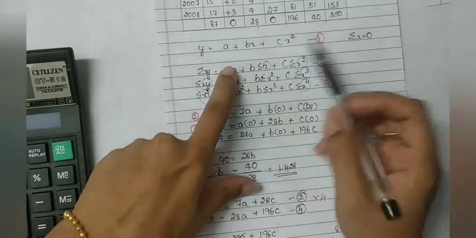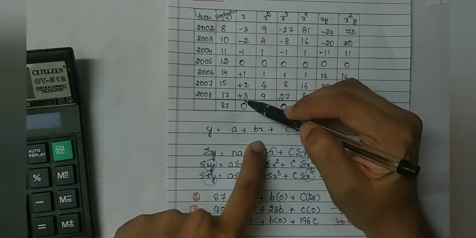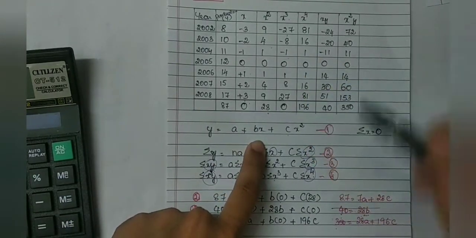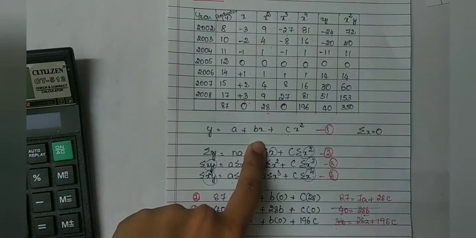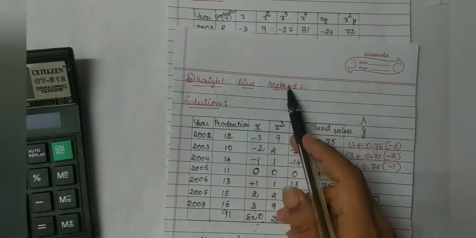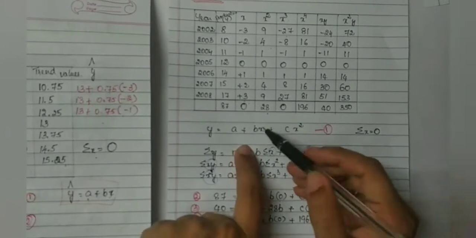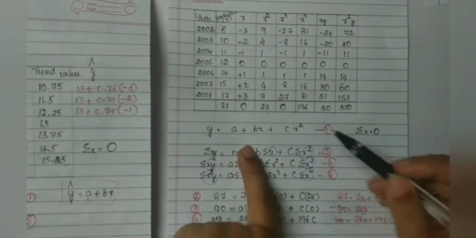So for each and every x value we can calculate the trend values, just like the previous linear equation. Just like how we calculated the trend values for a straight line method using this equation, same way we will be calculating that for parabolic or quadratic trend.